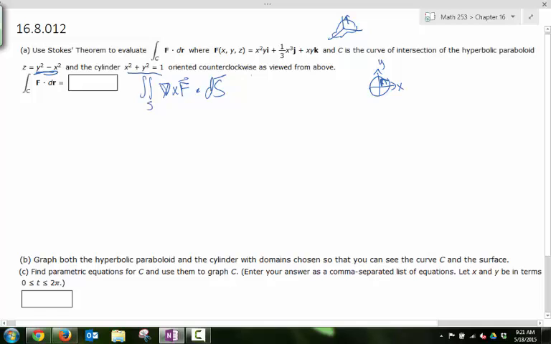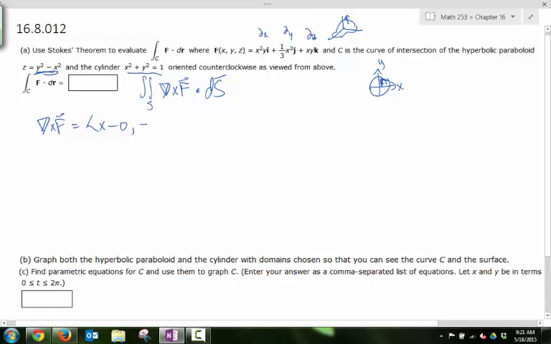So let's step aside and take the curl, and imagine the x, y, and z partials over here. For the first component, I want the derivative of the last term with respect to y, which gives us x, minus the derivative of the middle term with respect to z. There are no z's in there.